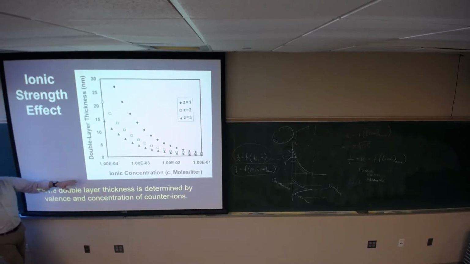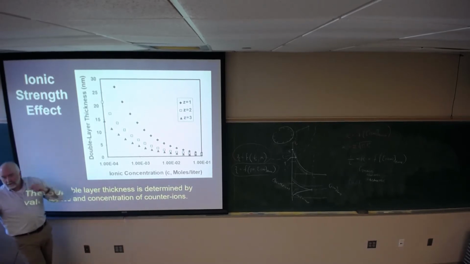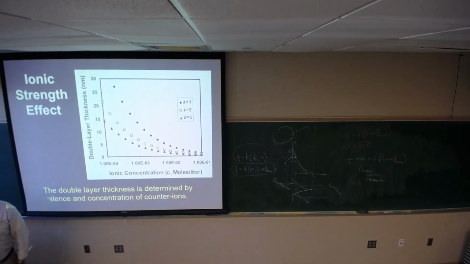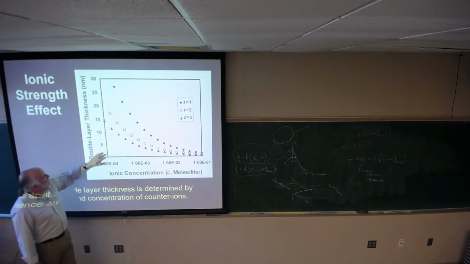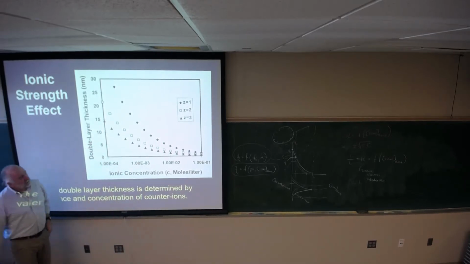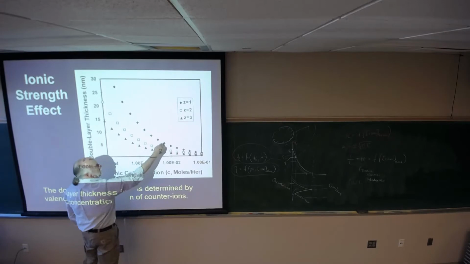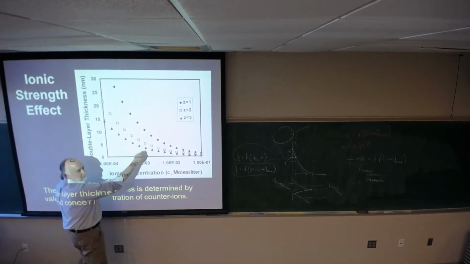This is on a log scale. Does that make sense? Yes. We're talking about the concentration of ions in the bulk solution, typically moles per liter. This is 1 millimolar. That's where we typically reside. Then this is double layer thickness. So you see here, Z equals 1, Z equals 2, Z equals 3.